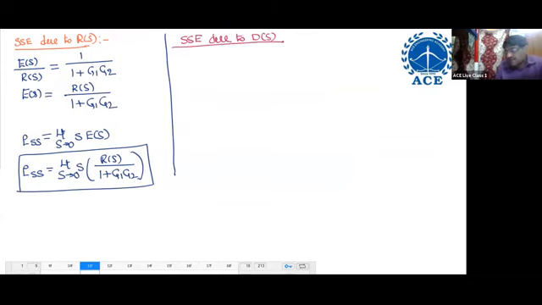Find the steady state error due to D of S. Find E of S by D of S. Come on, solve it, all of you.